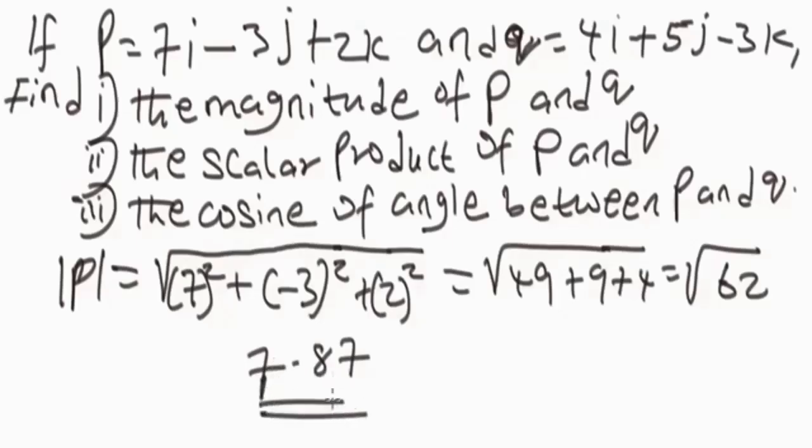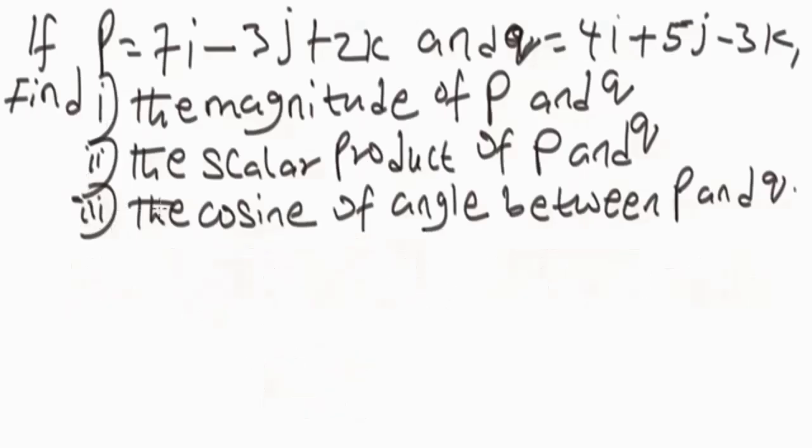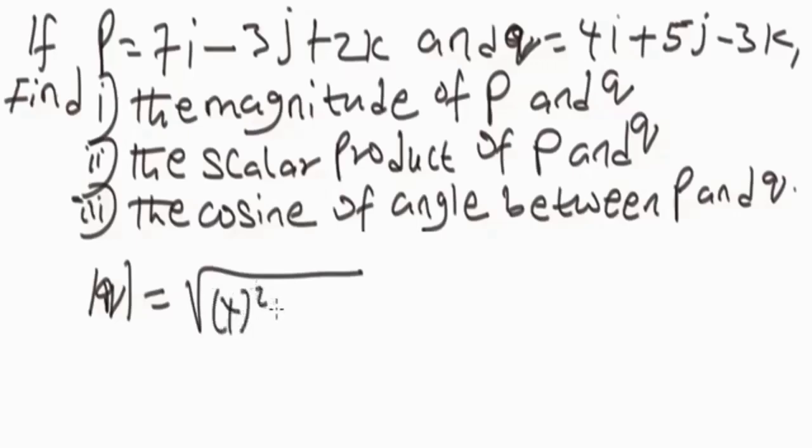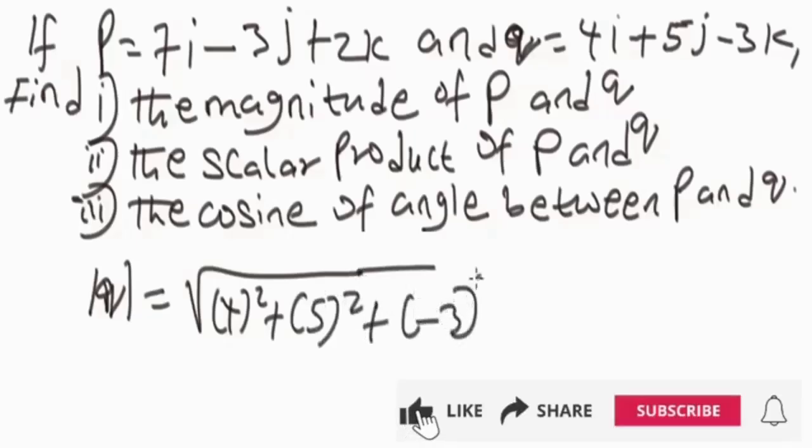So let's now solve for the magnitude of vector Q. The magnitude of vector Q will be the square root of (4) square plus 5 square plus (-3) square.